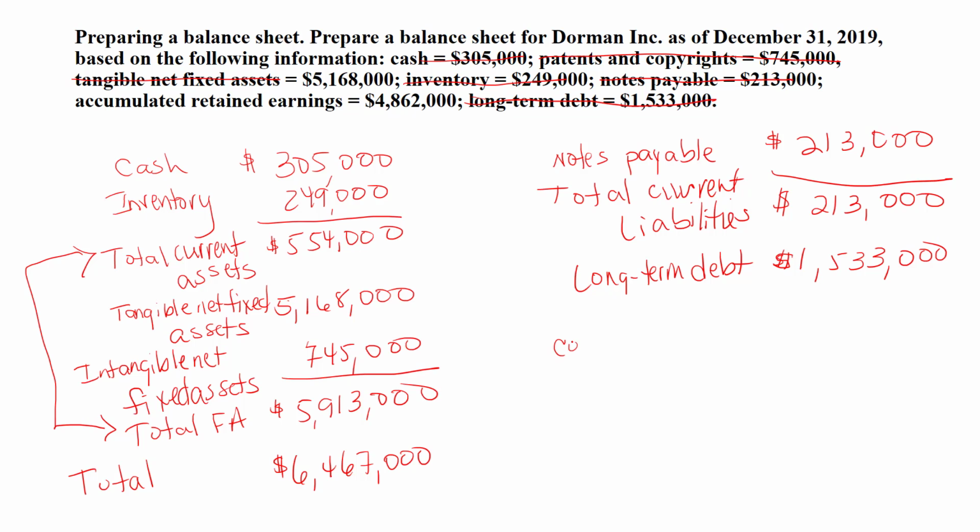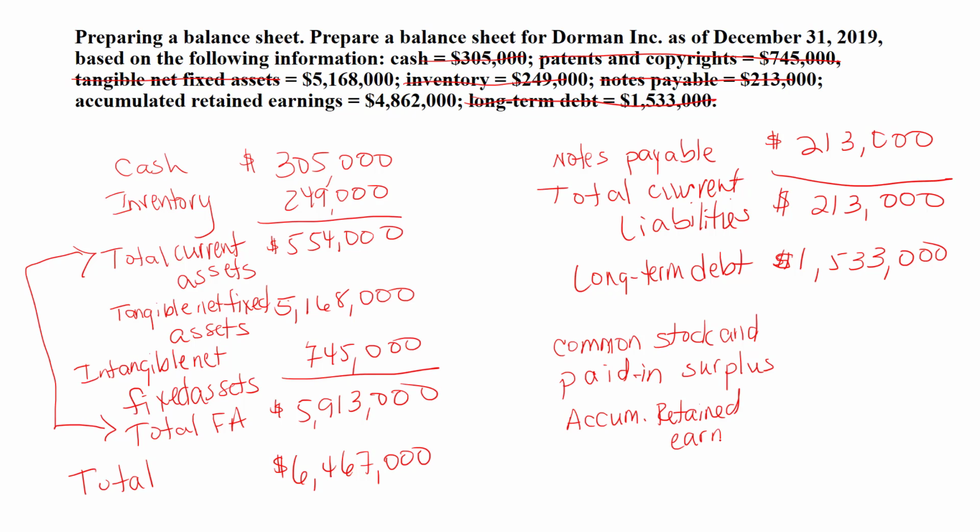So I'm going to leave a spot here because this is for our common stock and paid in surplus. And then our accumulated retained earnings, and they are going to be $4,862,000.